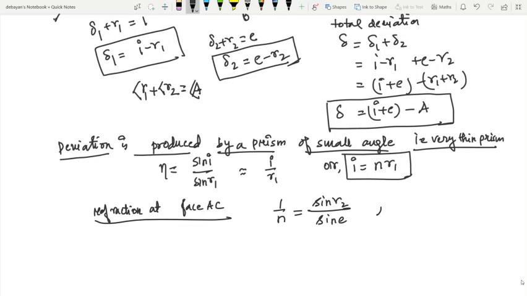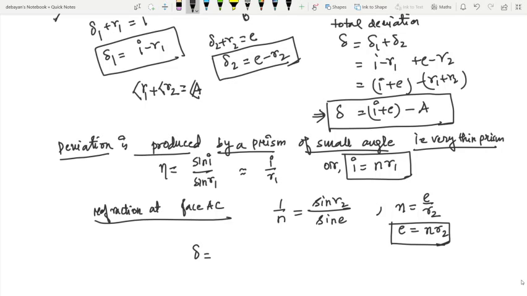So if we put this value into delta, because delta is equal to I plus E minus A, I is n R1 plus n R2 minus A. If we take n common, that is R1 plus R2 minus A. R1 plus R2 is nothing but A, so nA minus A.